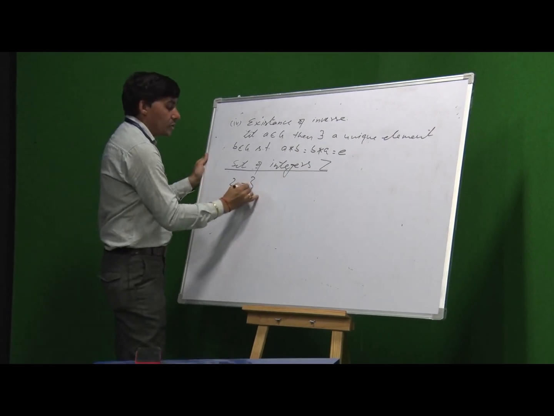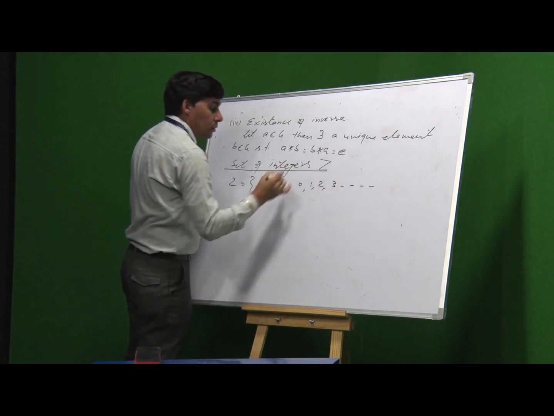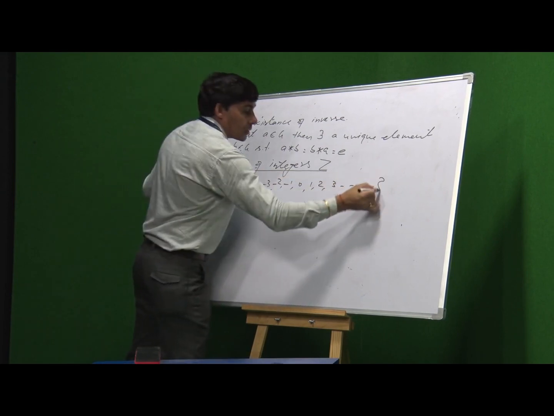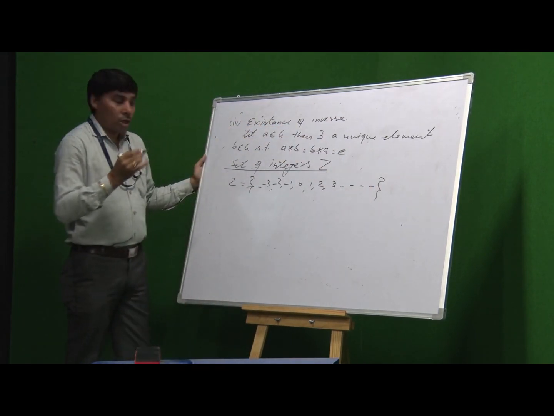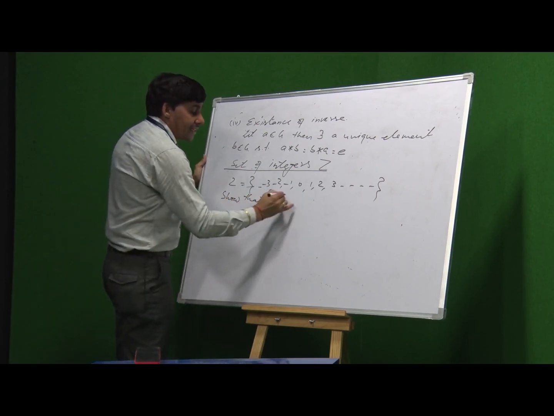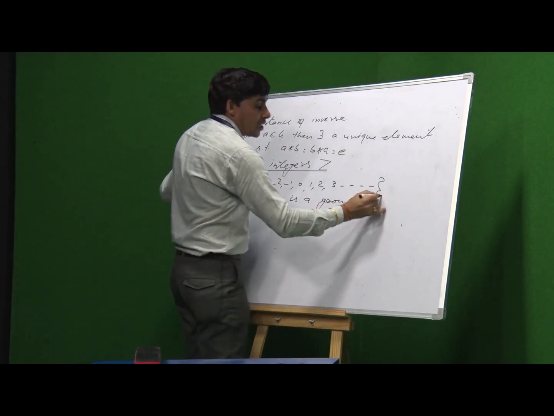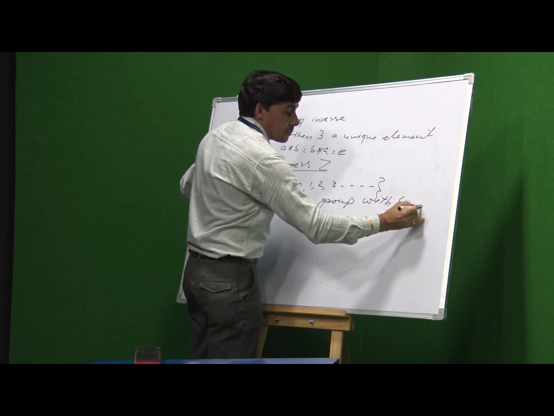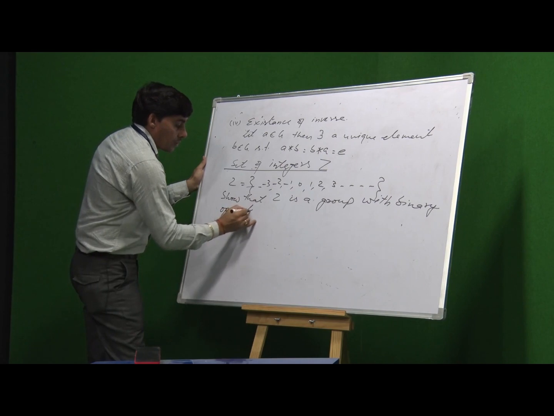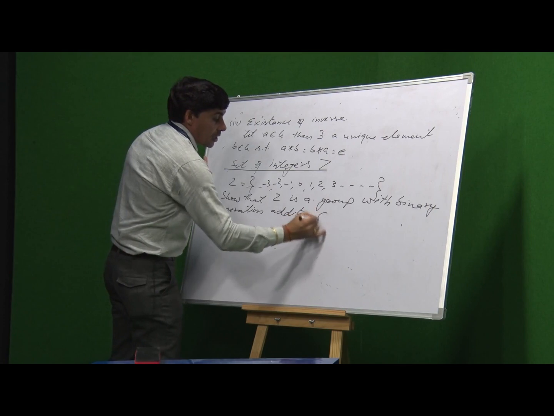Z is equal to 0, 1, 2, 3, 4, and so on, minus 1, minus 2, minus 3 and so on. Show that Z is a group with binary operation addition, that is plus.